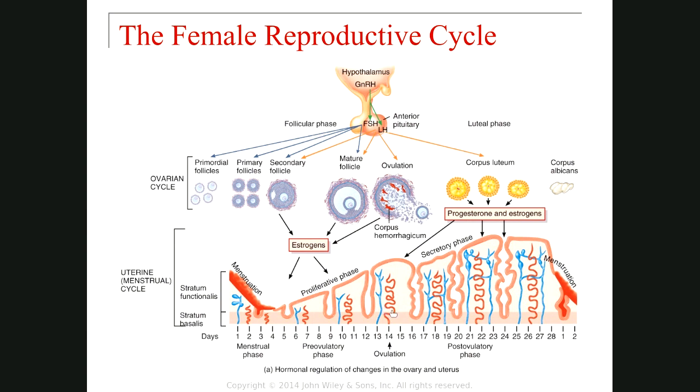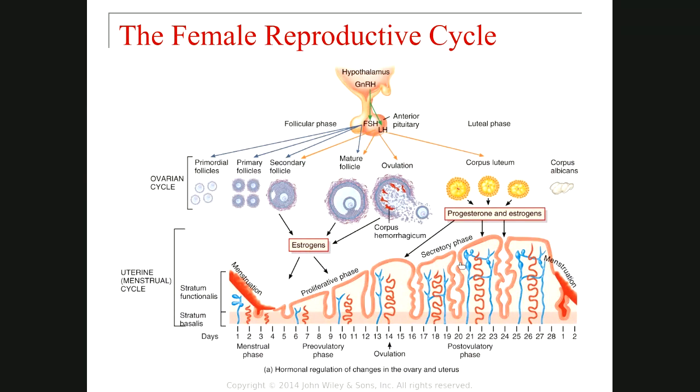After ovulation and after production of the corpus luteum, we have a secretion of progesterone. Progesterone and estrogen, which are secreted by the corpus luteum, promote growth of endometrial glands and blood vessel formation and thickening of the endometrium to about 12 to 18 millimeters.